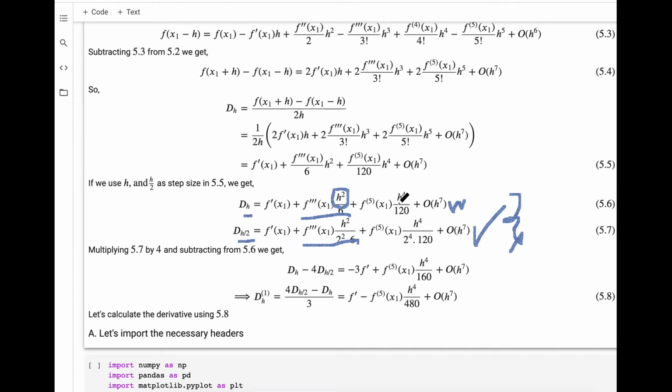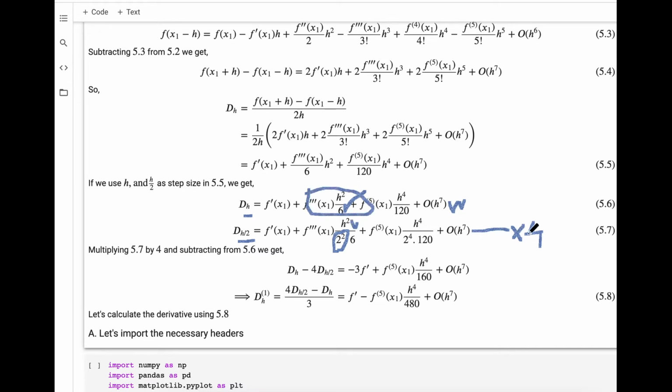However, we can see that there is a difference between these two terms, as this term has this thing whereas it does not have this thing. So to remove this thing, that is 4, because it's 2 square, what we will be doing is multiplying this equation with 4 so that we can get a term of h square that is identical to this term.